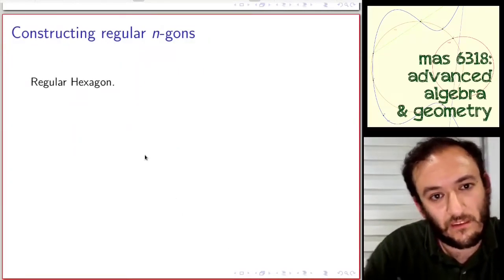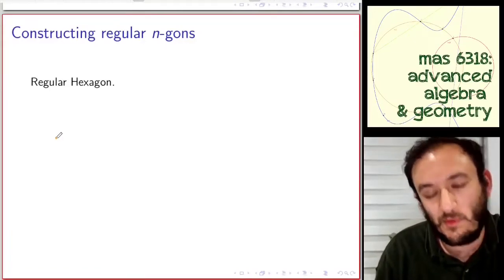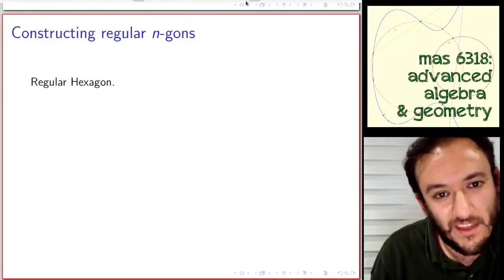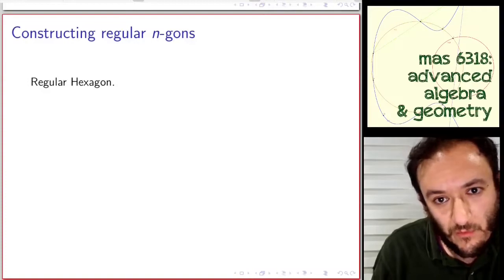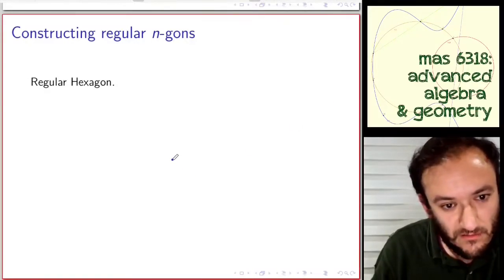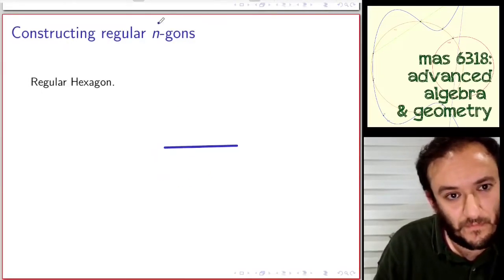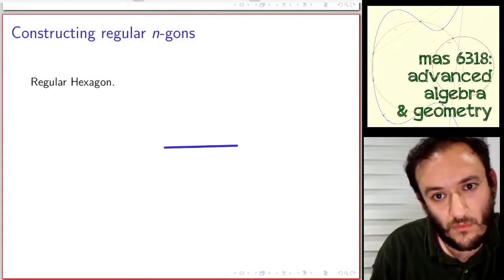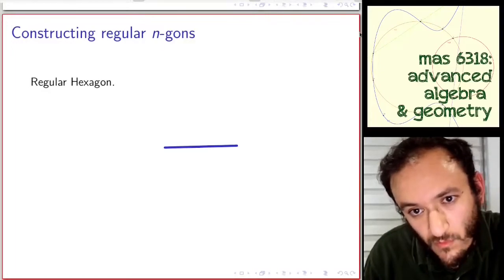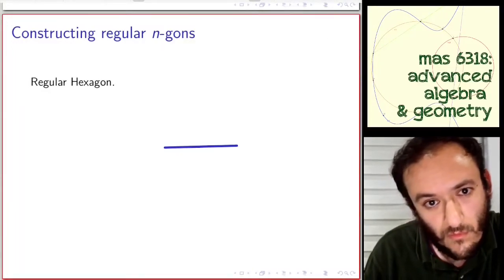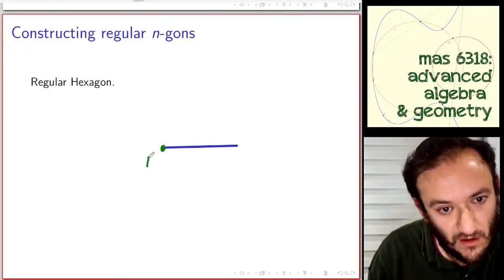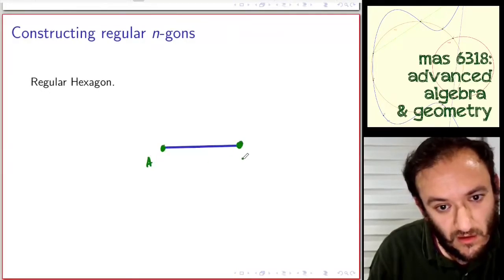Okay, how about a regular hexagon? You'll notice I skipped pentagon. Don't worry, we'll come back to it. Well, let's start again with our edge AB. So we have A here and B here.